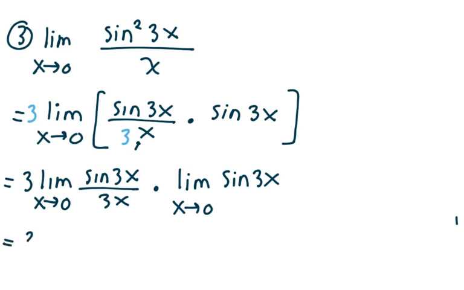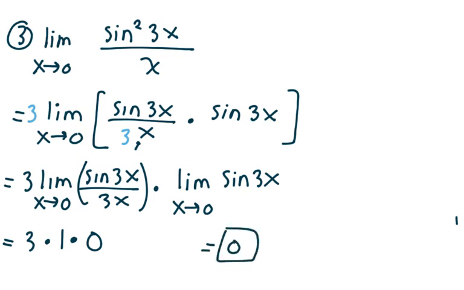So this ends up being 3 times, as x goes to 0, sine of 3x over 3x goes to 1. So you get 3 times 1. And as x goes to 0, this sine of 3x goes to 0. So you're multiplying by 0. So the answer is 0. That's how you do example 3.